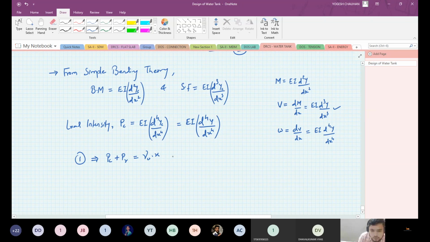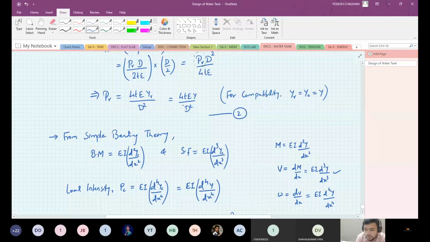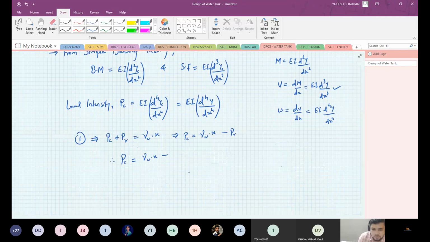This implies PC is equal to gamma W X minus PR. Now what is PR? PR is 4T E Y by D square, so PC is gamma W X minus 4T E Y by D square, and this should be equal to this.